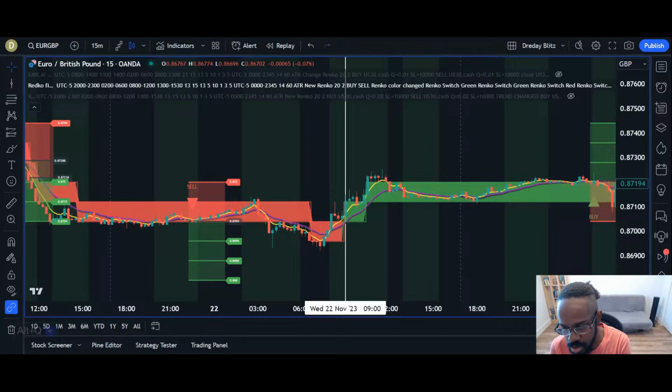Okay, it's the best way to backtest too, to see exactly where the market went. And regarding the switch, you know that when it switches back from red to green or green to red, this is when you get out of the trade.